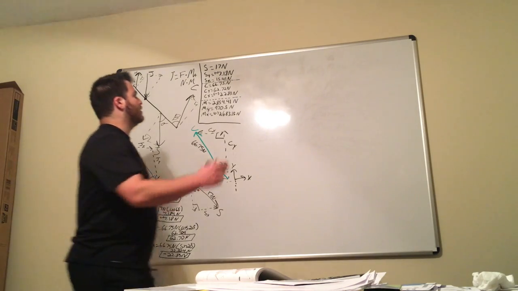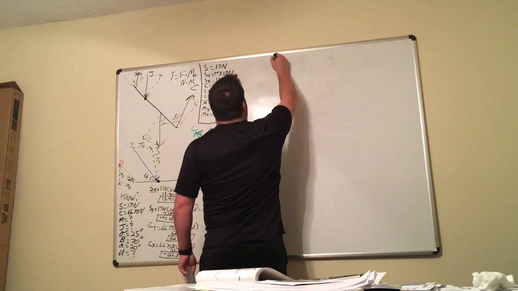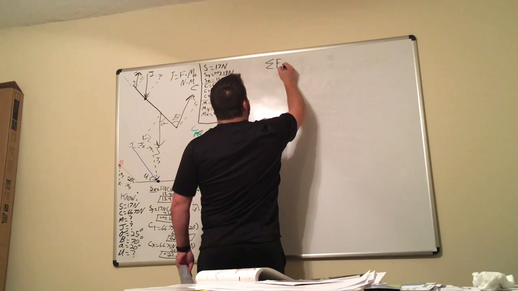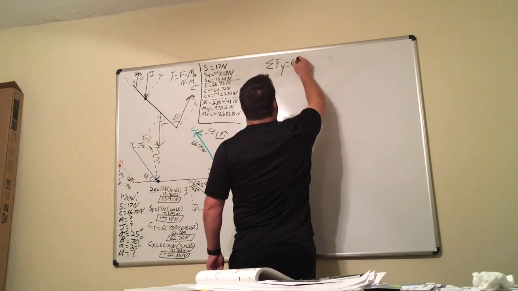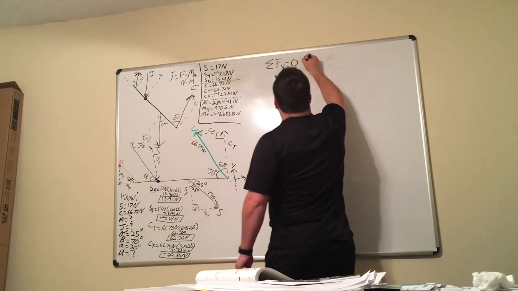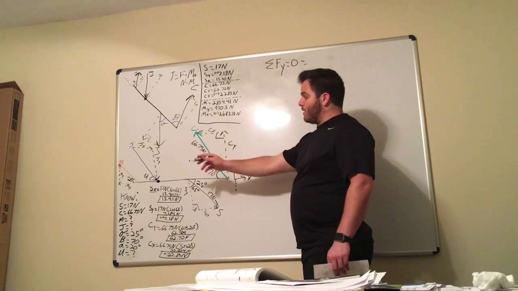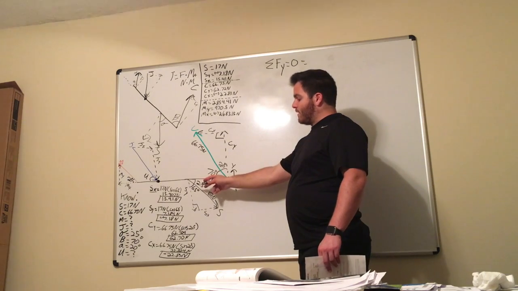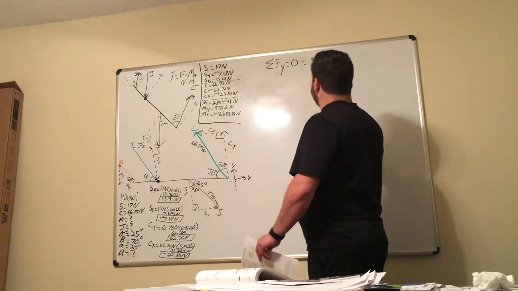So we're going to find our Y direction first. The sum of all of our forces in the Y direction should equal 0. Right now we have to take everything that is in our system. So we have our muscle, we have our joint, we have the S, which is the weight of the forearm, and then we have the C, which is the cable force.